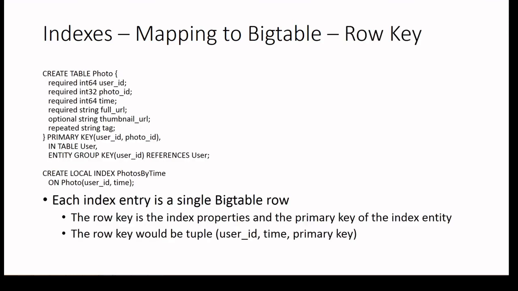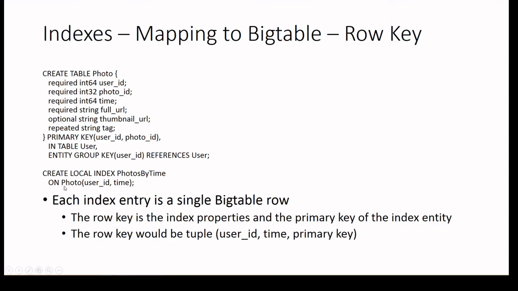How do indices relate to Bigtable? How are they stored? Indices, which can be thought of as a separate, smaller little database, are stored in Bigtable, and each entry in this index is stored as a single row in Bigtable. The row key is identified by the index properties.